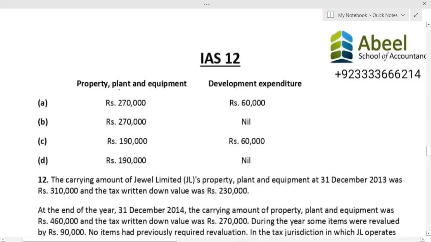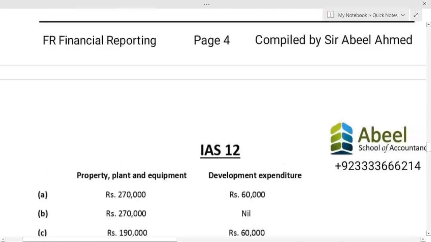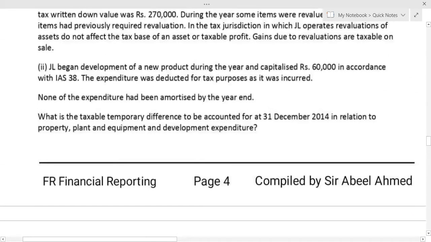In question number 11, we have to find out the property, plant and equipment and development expenditure. What is the taxable temporary difference to be accounted for in December 2014 in relation to the property, plant and equipment and development expenditure?